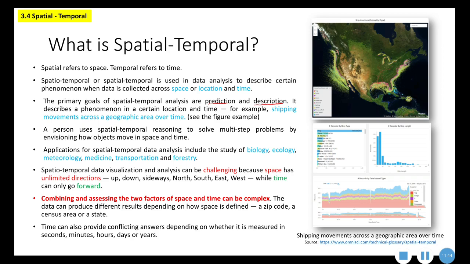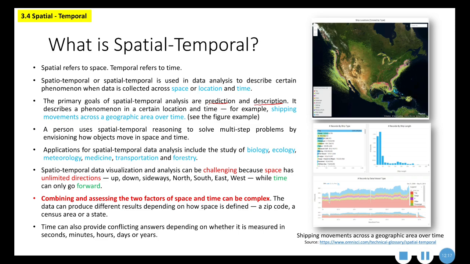We can define direction from up to down or sideways, from north to south, east, west, while time can only go forward. So we have many options and we have to specifically define which direction we want to choose to represent the data. Because time cannot go backward, it just goes forward, that's why it's linear.